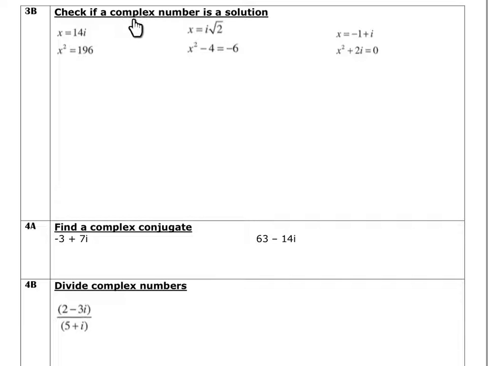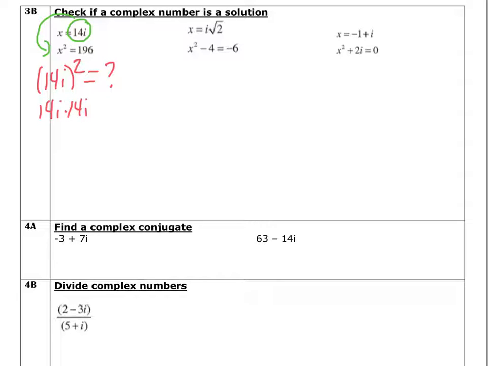3b wants you to check if a complex number is a solution. There's two ways to do that. I'm going to show you one way first. Here's the equation, x squared equals 196. They want to know if 14i works. What you can do is actually substitute 14i in for x and see if it equals 196. So if I do that, it'd be 14i squared, and I want to see if it equals 196. 14i squared just means 14i times 14i.